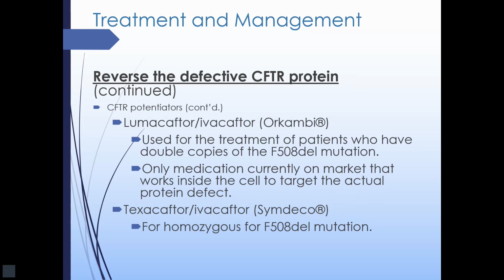And then Symdeko is tezacaftor and ivacaftor, which also works on the F508 deletion. So the bottom line is these drugs, and there are more being developed all the time, have created a way more normal life for our CF patients. It's very cool, and they're living longer and longer. Life expectancy continues to go into the 40s and even older than that.